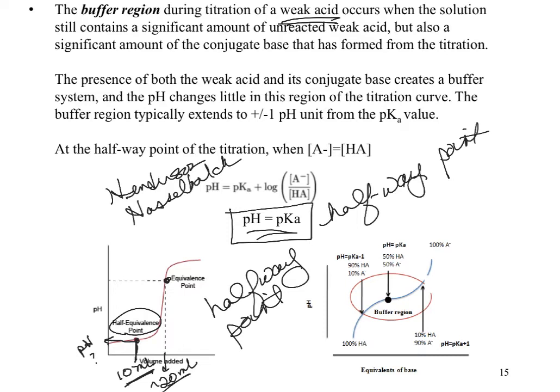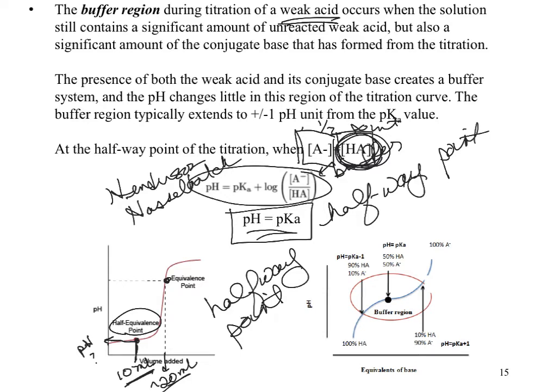And hopefully you remember, anytime you have a buffer, you are going to use the Henderson-Hasselbalch equation. That's another equation you want to jot down and have handy. Now, at the halfway point, the concentration of the original weak acid equals the concentration of the conjugate base form. That's true at the halfway point. In other words, at the halfway point, you have titrated or neutralized half of the original weak acid.